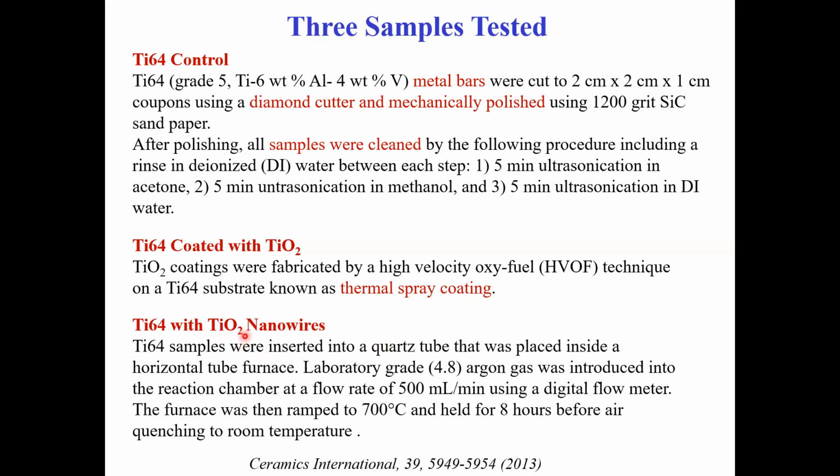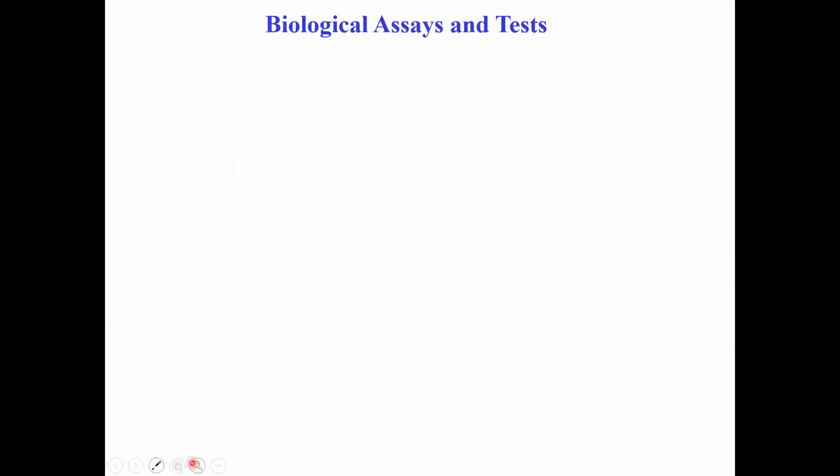And the other sample that we use is Ti64 that has this nanowire that was created by this oxidation process that I described. One-dimensional nanowire on top of the Ti64. So these are the 3 samples we used for biological tests.